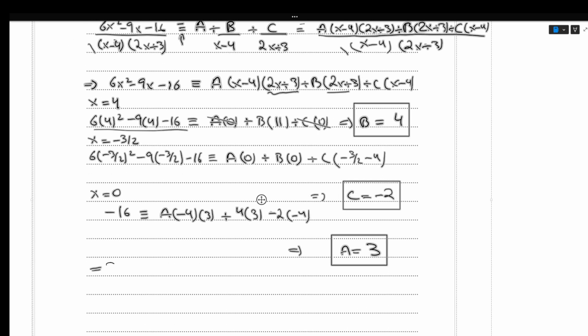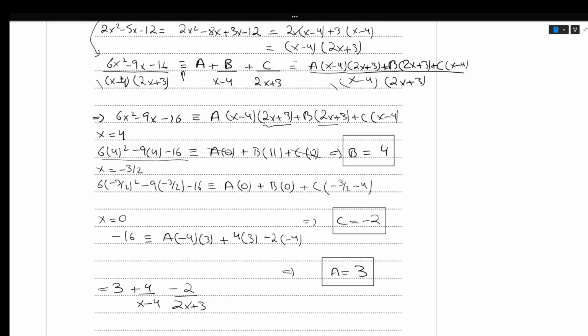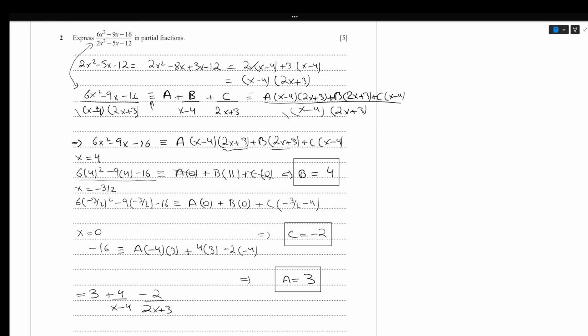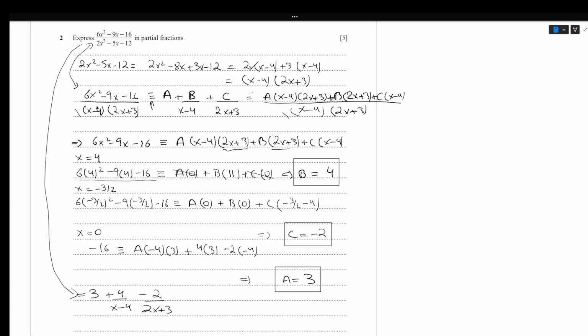So a is 3, b is 4, and then c is 2. Okay, so this is the same expression as this, expressed in partial fractions. So this is your answer.